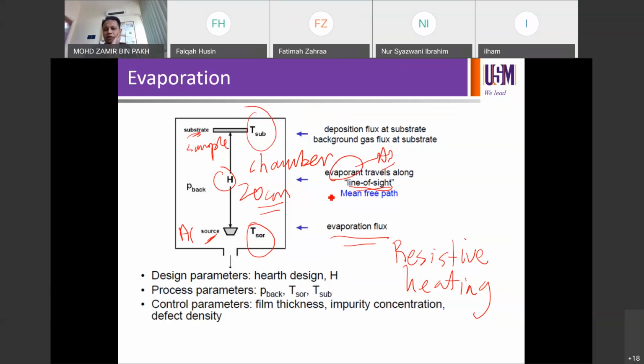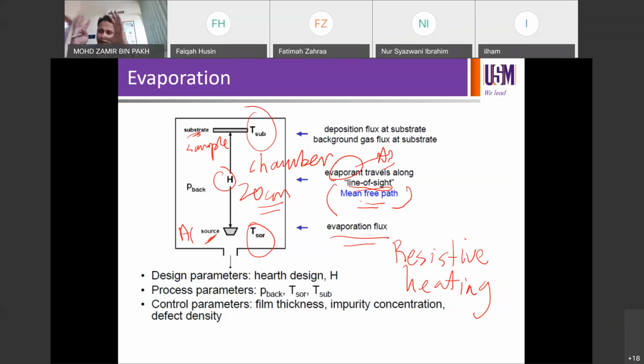And then mean free path here means for the precursor material to be deposited on the substrate, it has to encounter minimal resistance along the way. Ini kita lihat, kita boleh bagi dia punya perjalanan tu terlalu resistive in the sense that you have too many particles in between. So in order to have less particles in between, you have to evacuate the chamber to a low enough pressure. At a low enough pressure, then only fewer particles can be found in between, right? So mean free path.